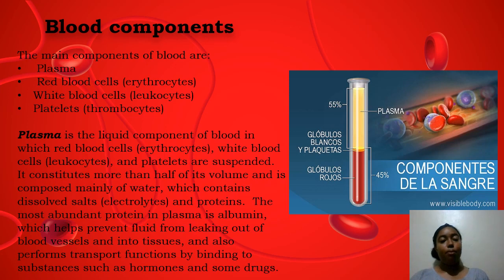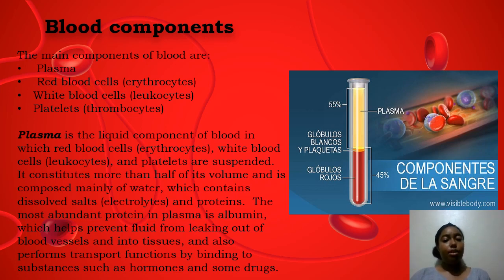The components of blood. The main components of blood are plasma, red blood cells or erythrocytes, white blood cells or leukocytes, and platelets or thrombocytes. Plasma is the liquid component of blood in which red blood cells, white blood cells, and platelets are suspended.